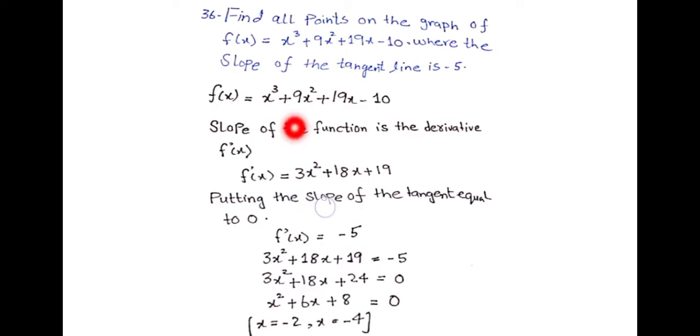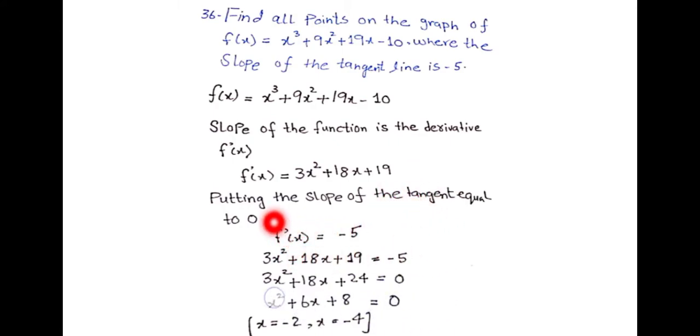So here we find the derivative of the function, and we know that the slope of the function is the derivative. So we put that derivative of the function equal to the slope, and we are provided with the slope of the tangent line, which is -5. We put this derivative equal to this slope, and when this -5 comes to the left hand side, it becomes positive 5, and 19 plus 5 becomes 24, and here we write 0.